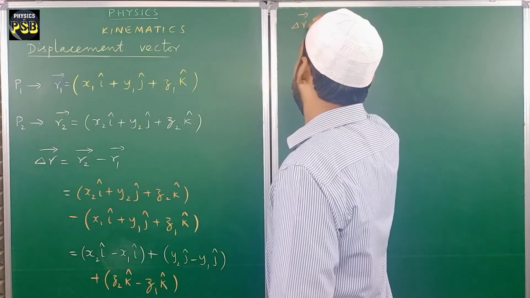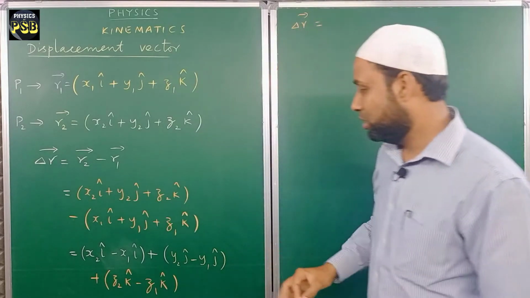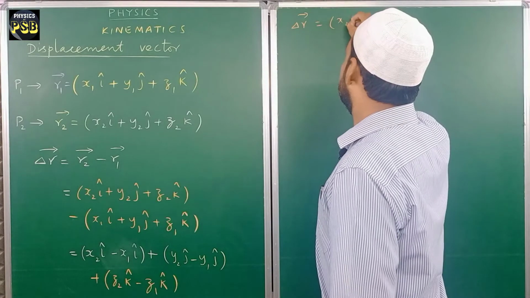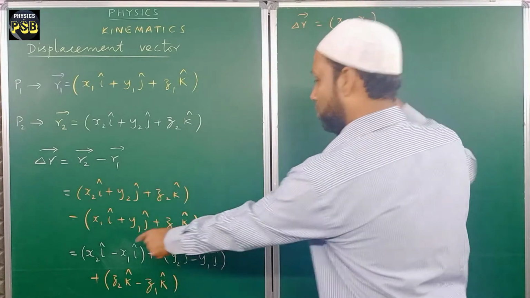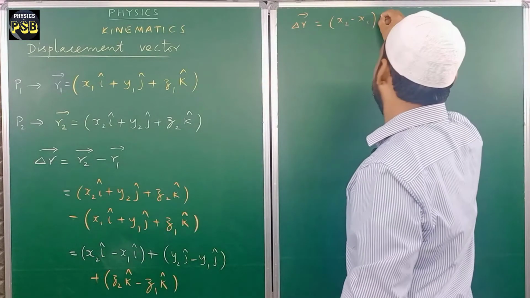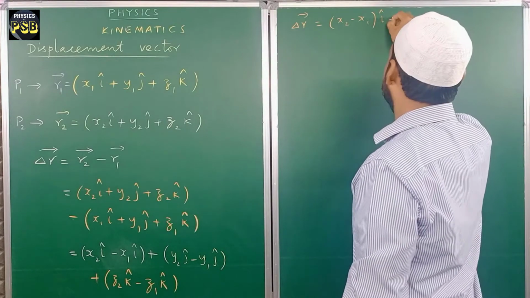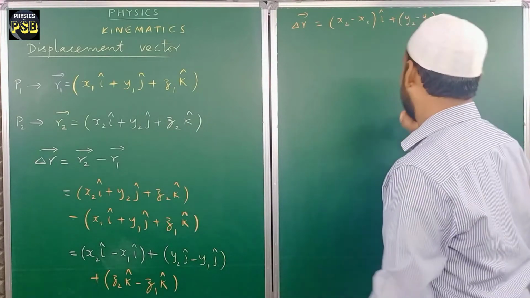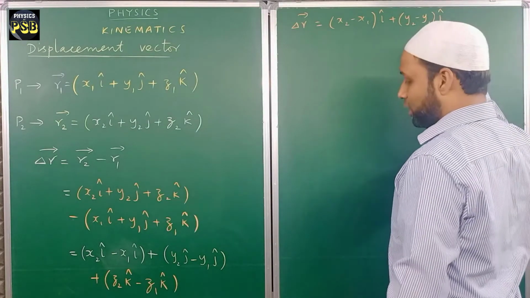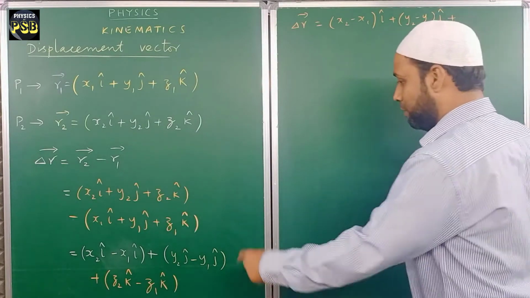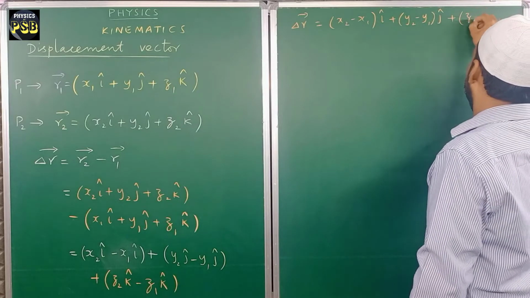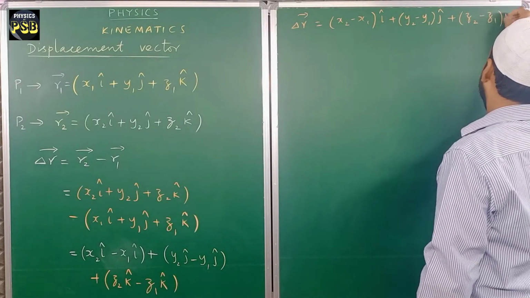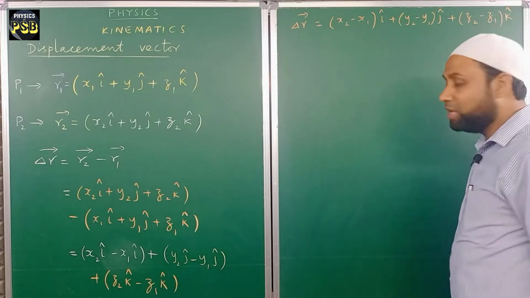Delta R vector, which represents the displacement vector, is equal to x2 minus x1. What is the common term here? i cap, so it is taken out, plus y2 minus y1, the common term is j cap, taken out, plus z2 minus z1 multiplied with k cap.